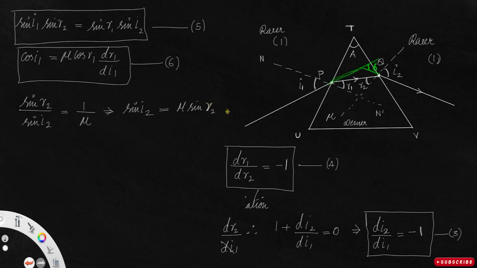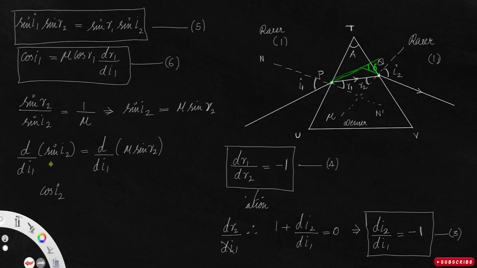Now differentiate this equation also with respect to di1. So d by di1 of sin I2 will be equal to d by di1 of mu sin R2. The derivative of sin is cos I2.